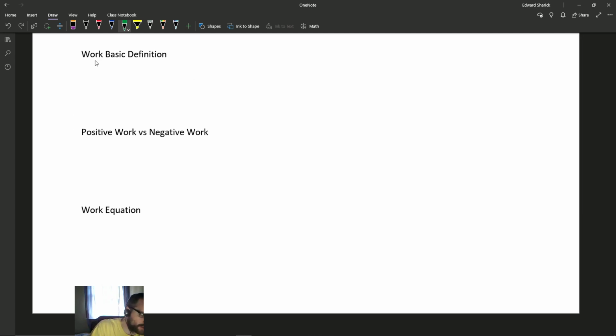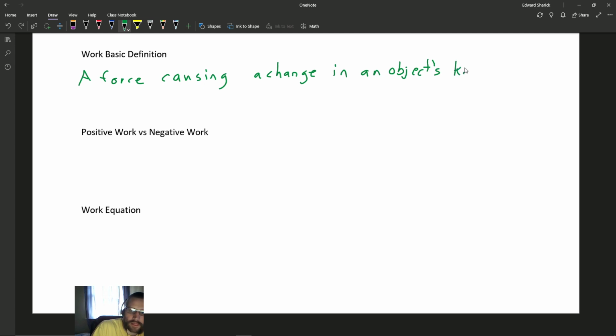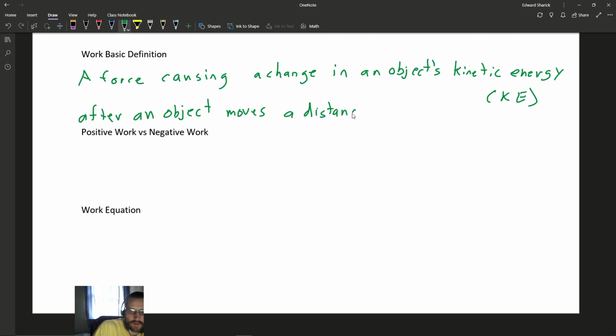The basic definition for work is a force causing a change in an object's kinetic energy, which from this point forward we will write as KE, after an object moves a distance, which we'll say is d.